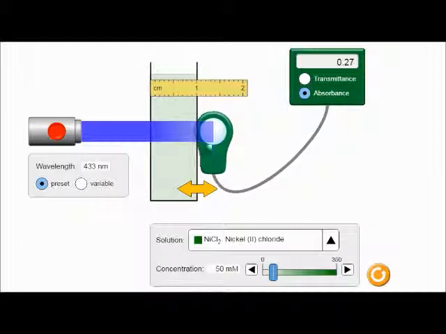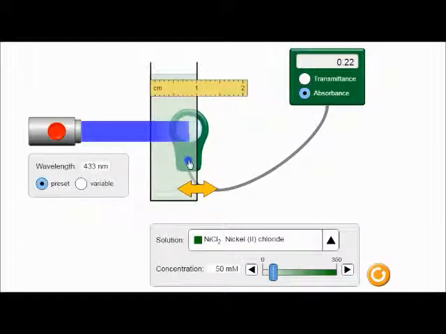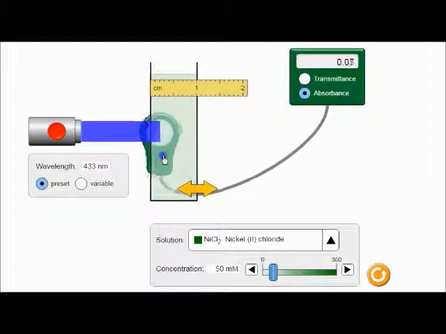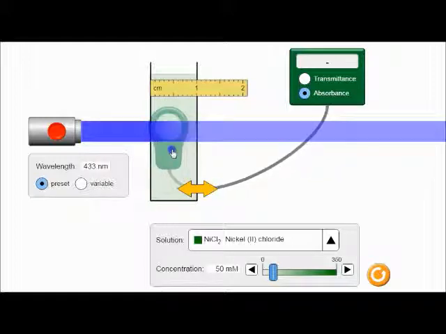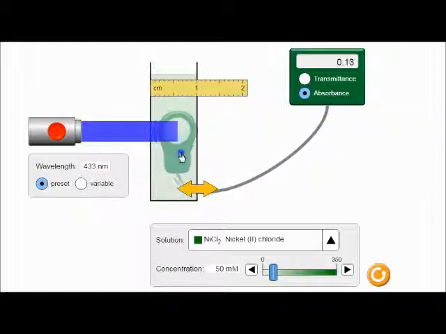The only time that changes is if I change this 1 centimeter. So if I go closer to the light inside the liquid than 1 centimeter, in other words, if I let the light go through less than 1 centimeter of liquid, then I get a different absorbance. Does that make sense to you?